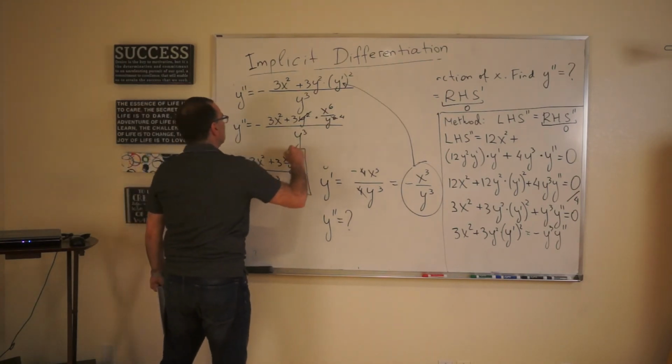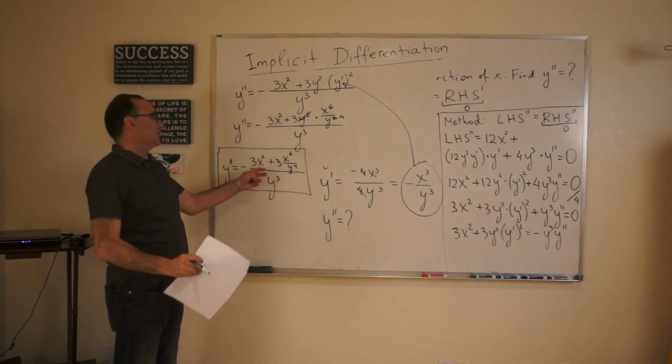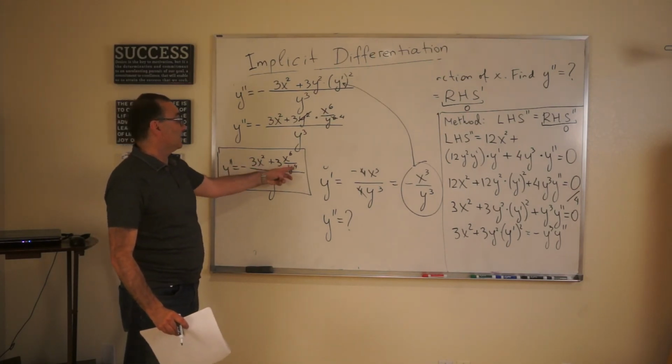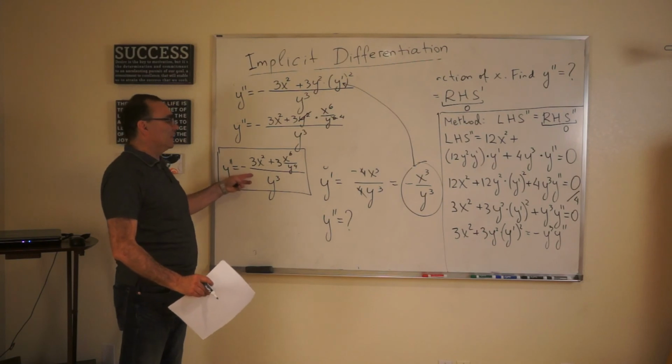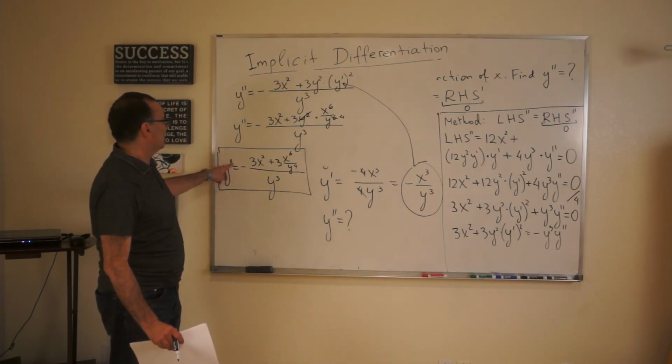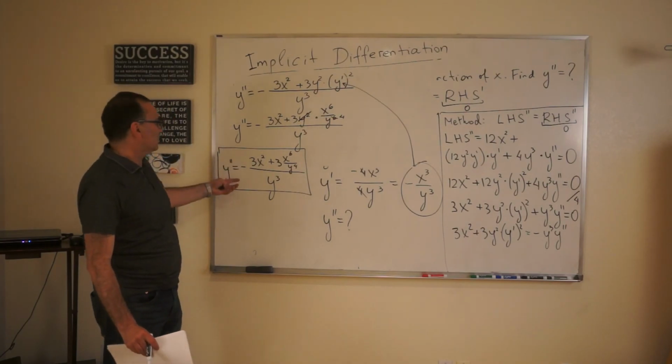So this is the answer. If you wish, you can simplify this answer even further, maybe by bringing the common denominator and taking the y to the fourth to the bottom, but actually this is the answer. So this is how to find the second order derivative of an implicitly given function.